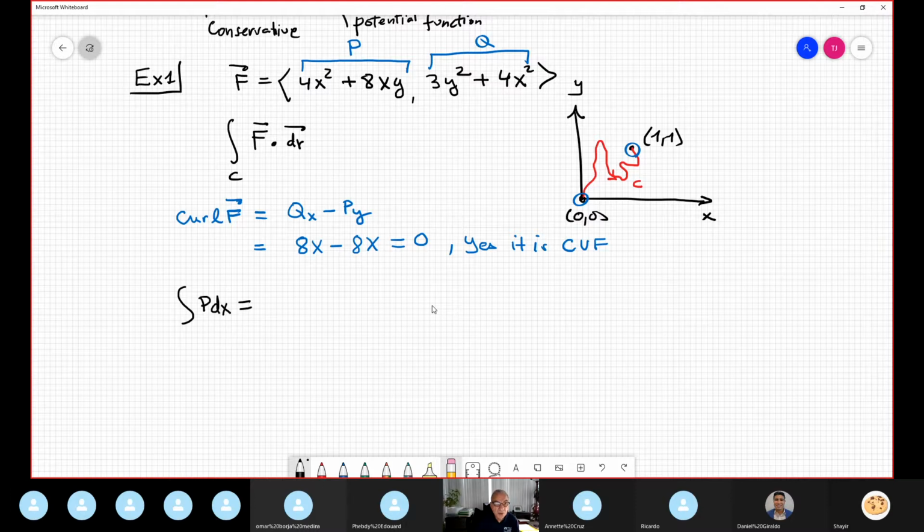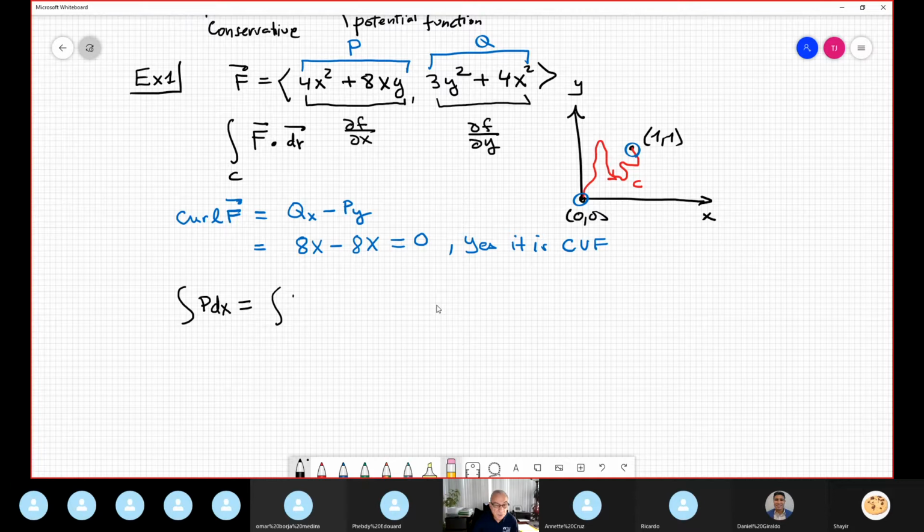The idea is that this comes from the gradient. This is the partial derivative of f with respect to x. To remove the partial derivative, you take the antiderivative with respect to x, and it comes from f, little f, which represents the potential function.